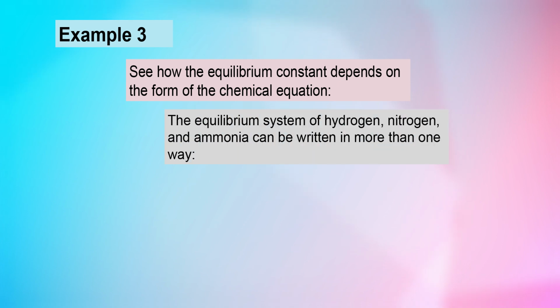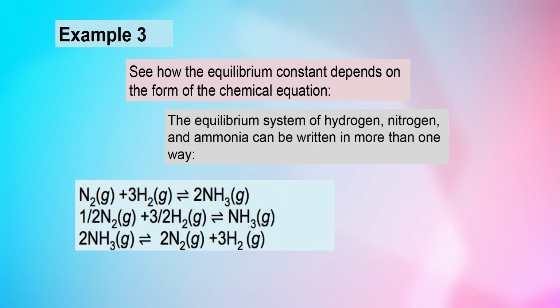Let us take the equilibrium system of hydrogen, nitrogen, ammonia. You know, this reaction you have already done in chemistry, must be the Haber's process of ammonia synthesis. It is a very important industrial process and it has been studied in great detail. The equilibrium has been studied in great detail to understand how to lower the cost.